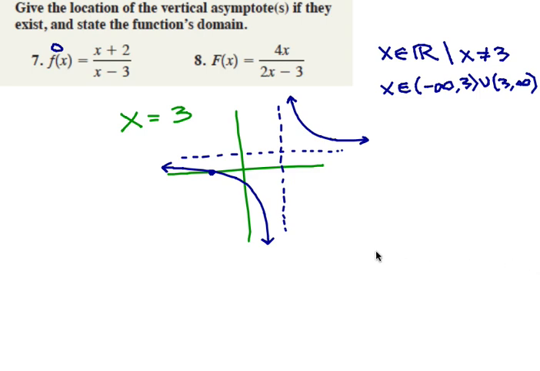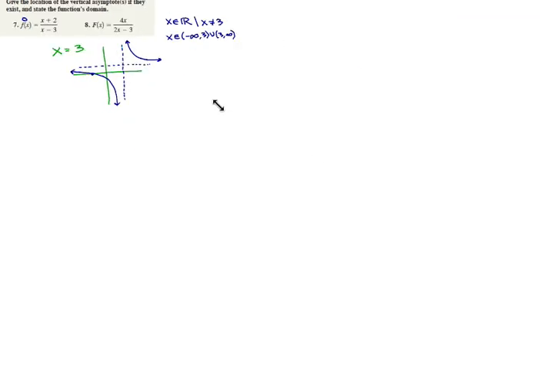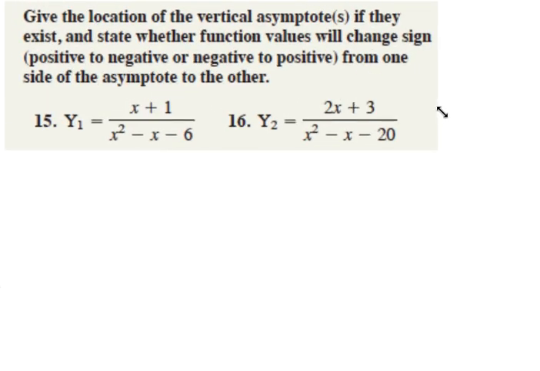The next thing we're going to take a look at is identifying vertical asymptotes again, and then we're going to state whether the value is going to have a sign change or not. So in this case, number 15 from your homework tonight, x plus 1, if I found a 0 up there, what is that going to give me?